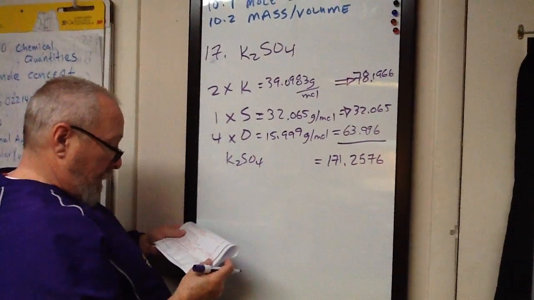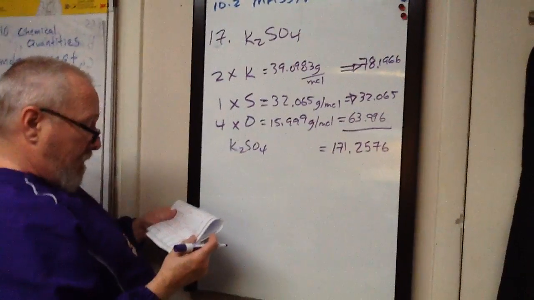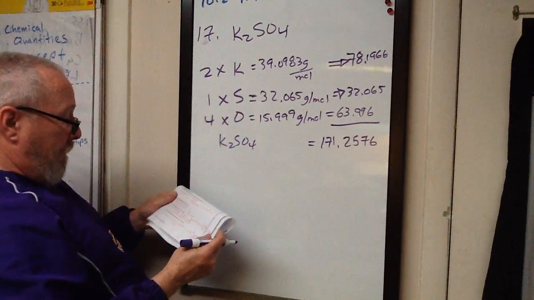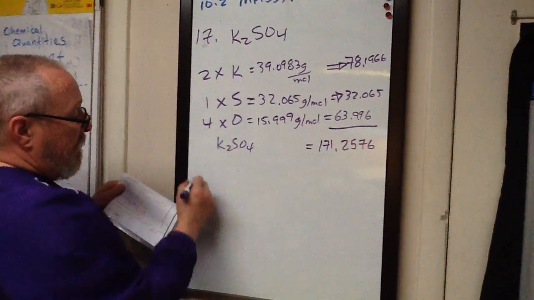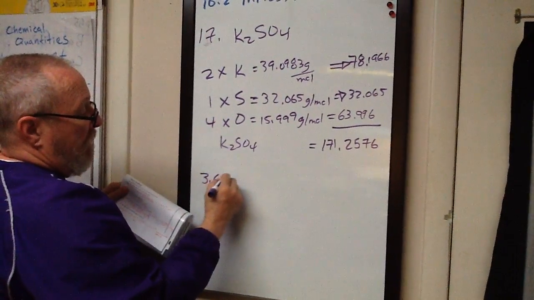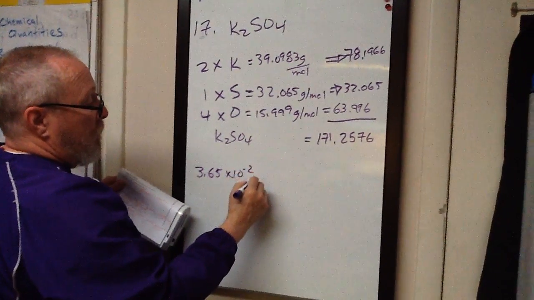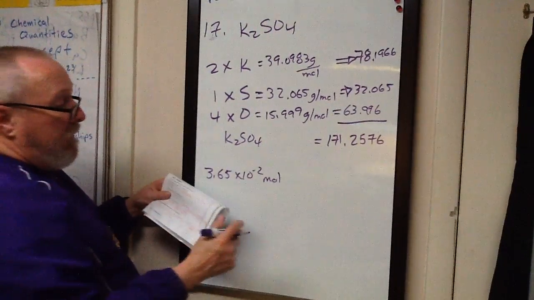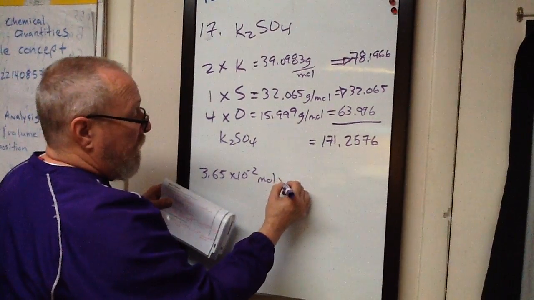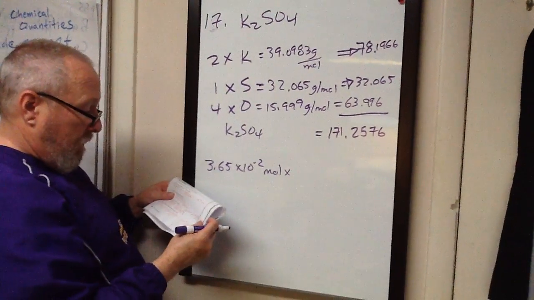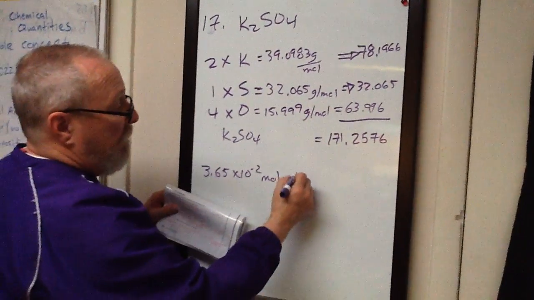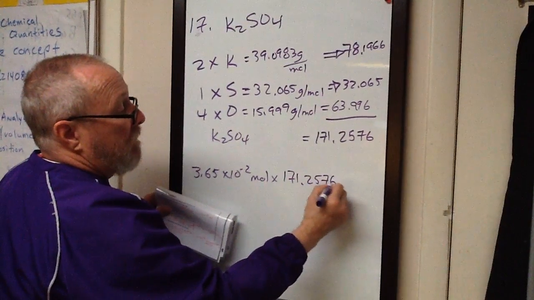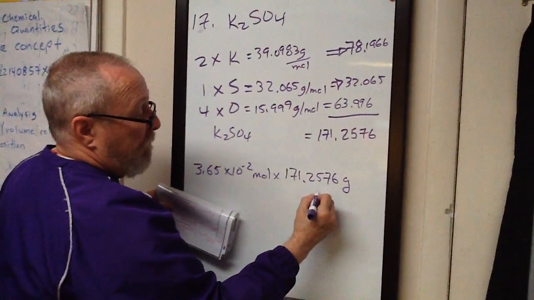And so, we have next, it asks, find the mass of 3.65 times 10 to the minus 2 mole of potassium sulfate, and I just multiply it by 1 times 171.2576 grams per mole.